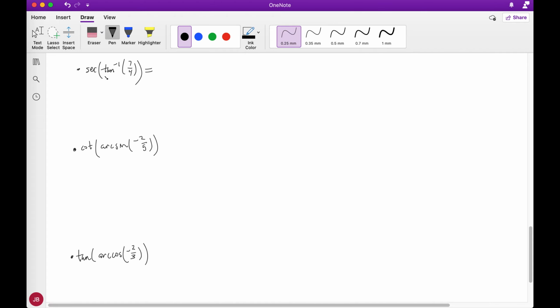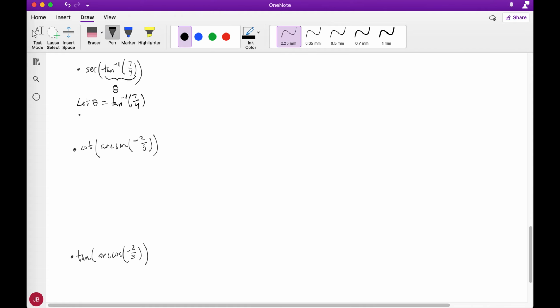And since the arc trig functions always return an angle, what's our preferred notation for an angle? We're going to call it theta. So let theta equal the arctan of 7 over 4. We're actually going to get rid of that equal sign; we'll come back to that in the end.